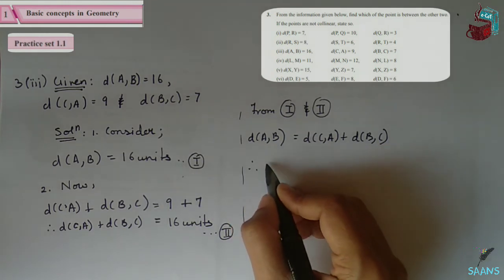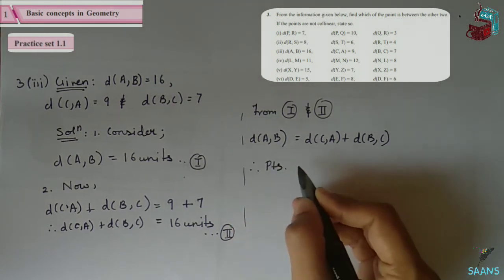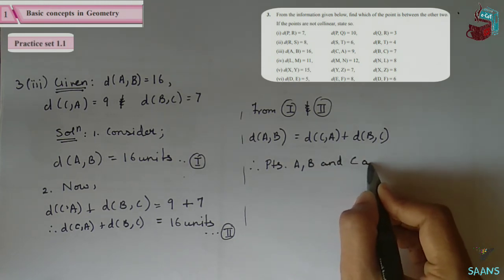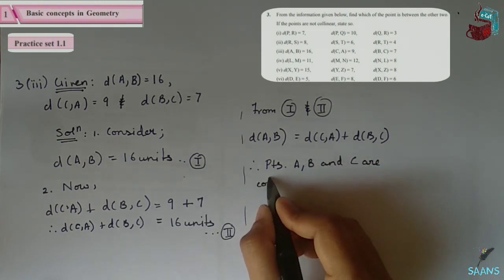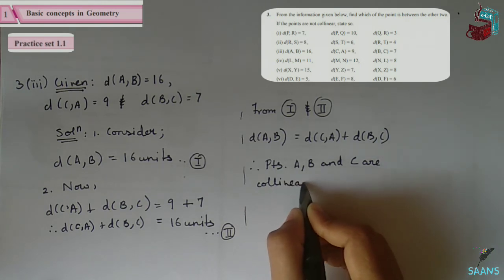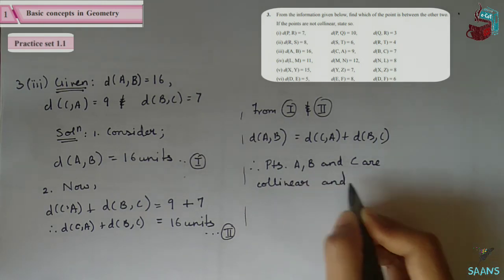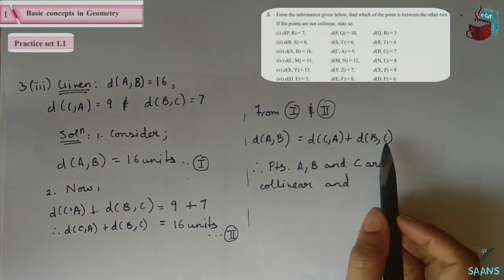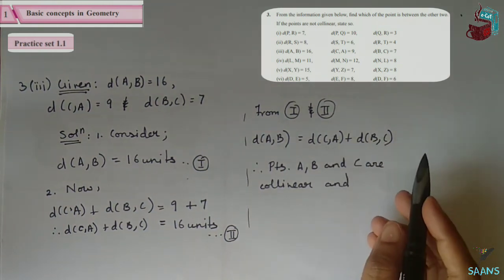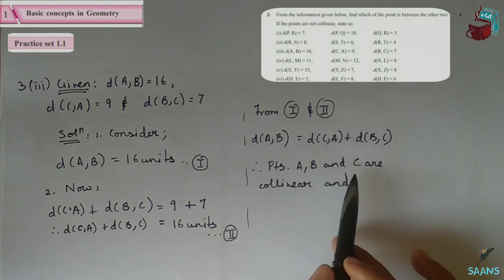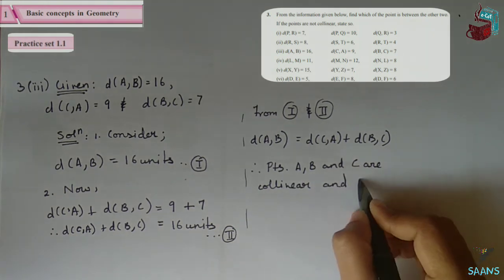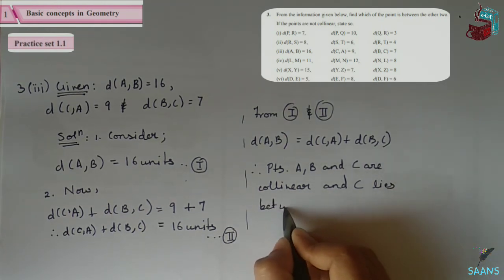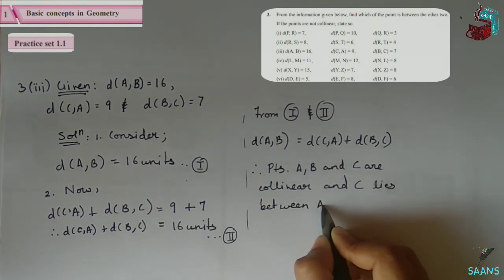Therefore, points A, B and C are collinear. C is the common point of CA and BC, so that becomes your midpoint. Therefore, C lies between A and B.